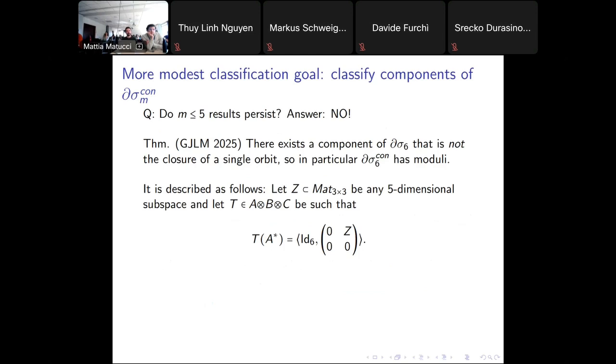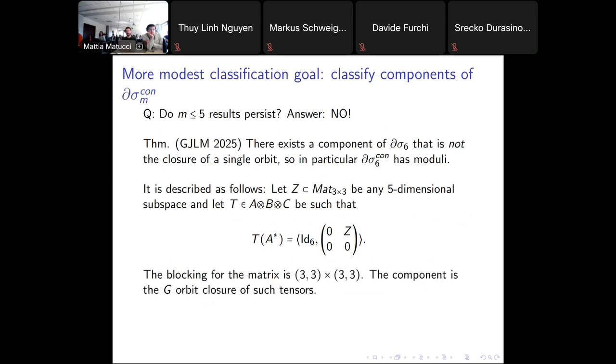So already the very next case, the world starts completely behaving differently. And you get the whole component by taking the orbit closure under all changes of bases of such tensors.